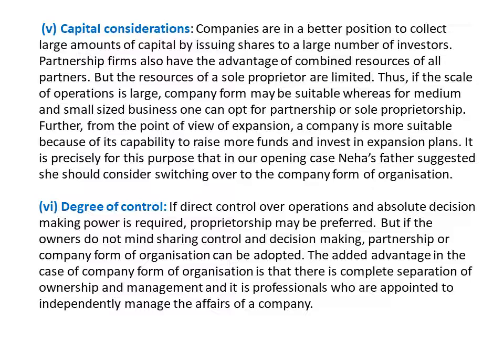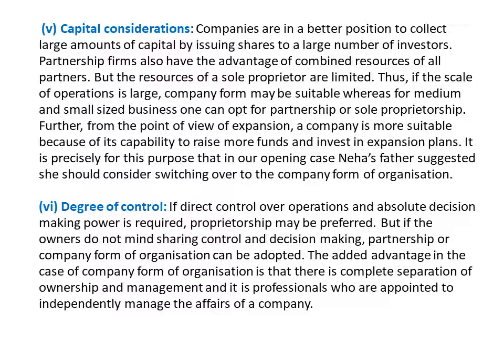In the same way, degree of control. Whenever we use the word control, control means decision-taking powers. If you want only me to be involved in the decision-taking process, then what to do? Sole proprietorship and partnership.